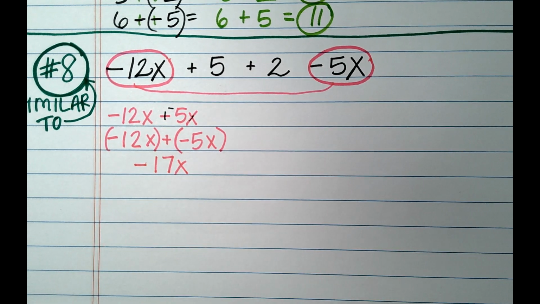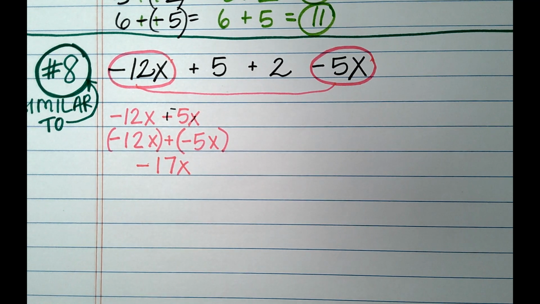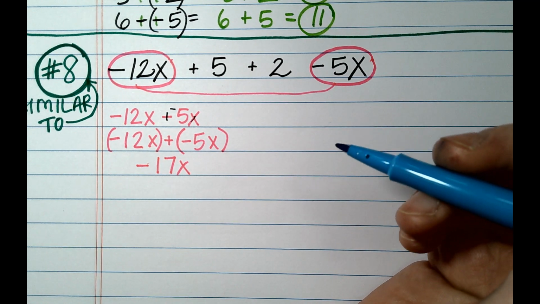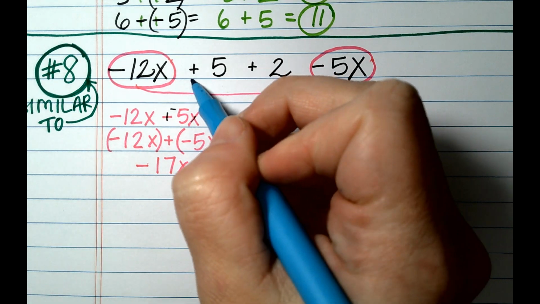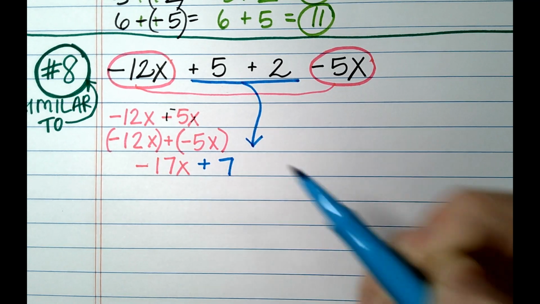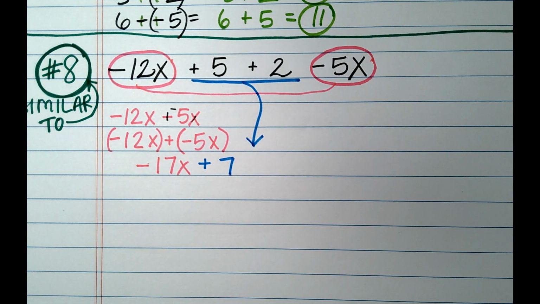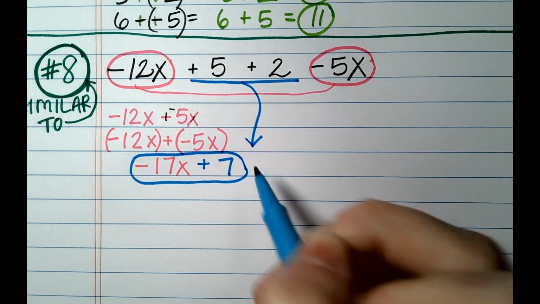Negative 17x. Good. Now what should we do from there? 5 plus 2 is 7. And that's it. Is your answer negative 17x plus 7?